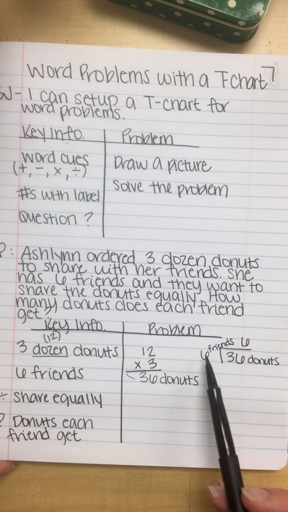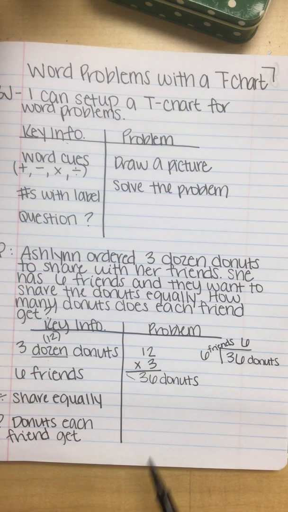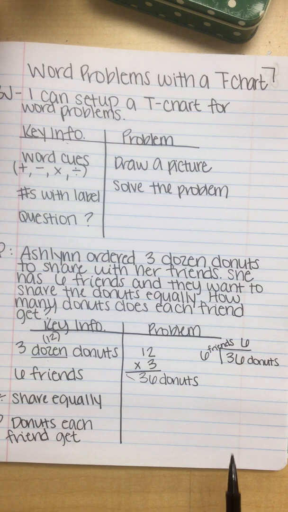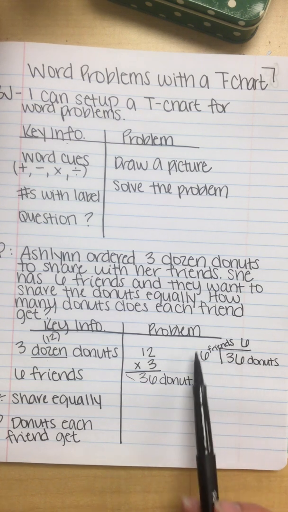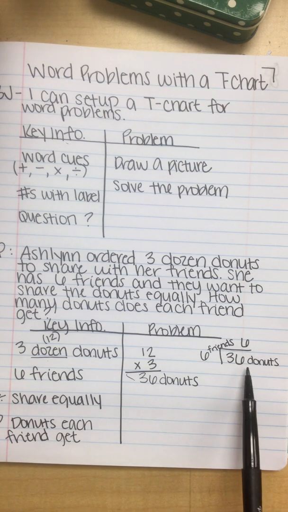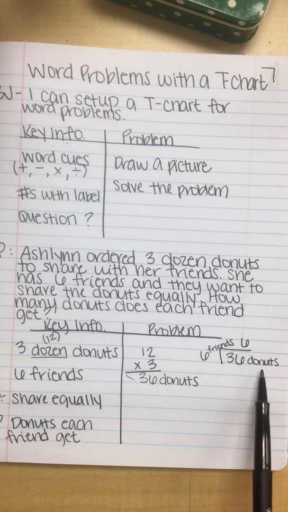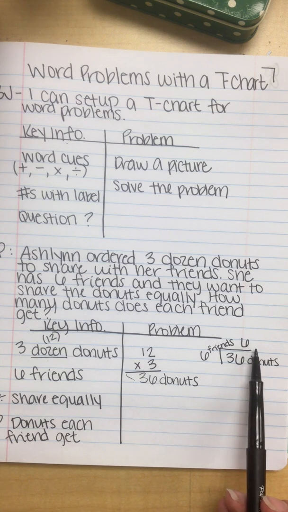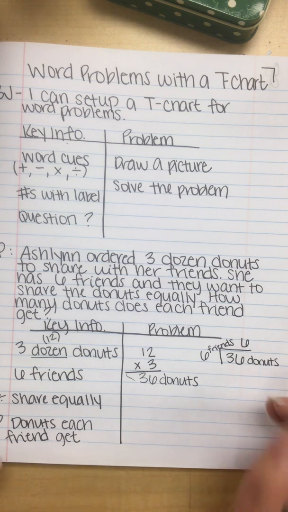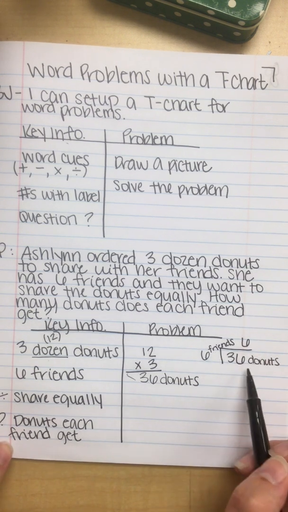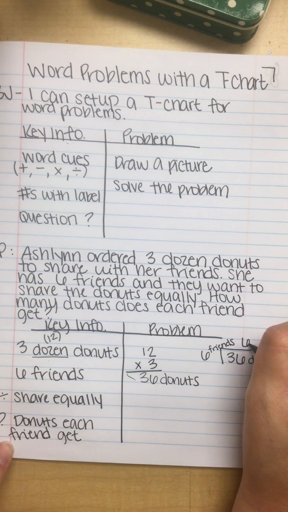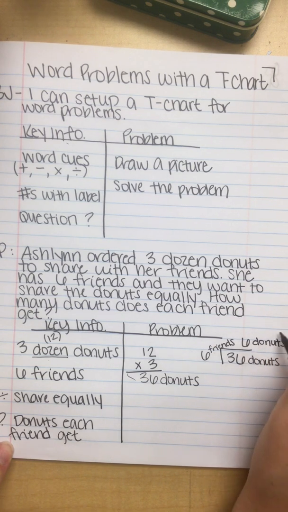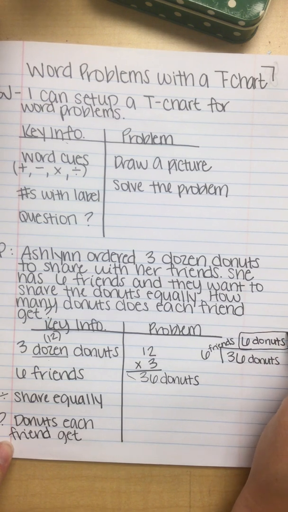Absolutely. And you would find that 6 times 6 is 36. So what I've also found by labeling our division problems is whatever this label is here is what is also on top. So my 6 friends are splitting 36 donuts, and they each are getting 6 donuts. So this is how many each friend is getting.